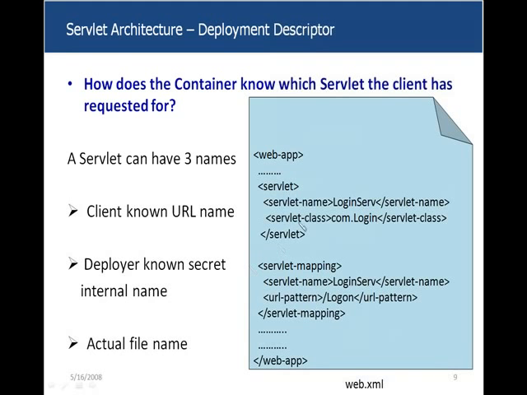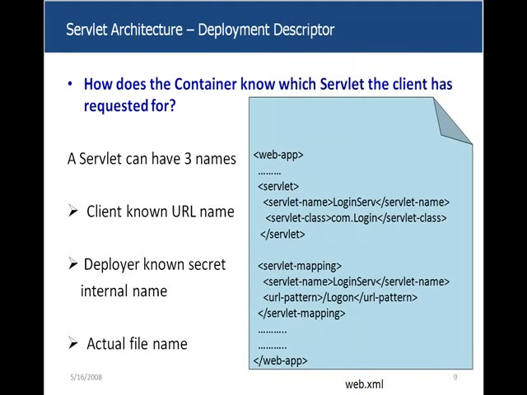But how will it know that a request like yahoomail.com/login is for this servlet class? That is derived from the servlet mapping element. In the servlet mapping element you have two tags, the servlet name and the URL pattern. The servlet name matches the servlet name in the servlet tag, and the URL pattern is nothing but the URL which the client has sent in as a request.